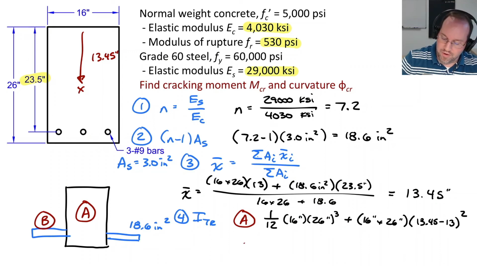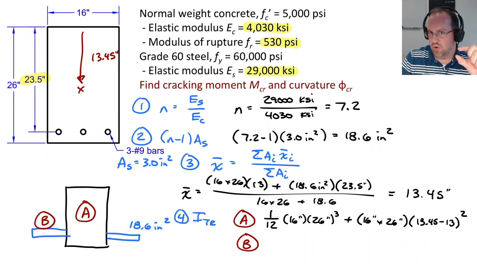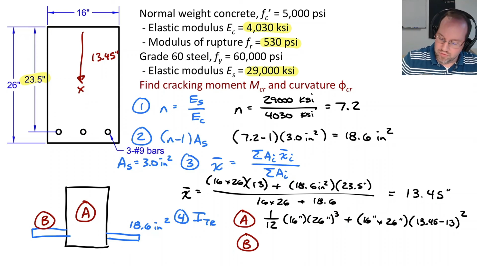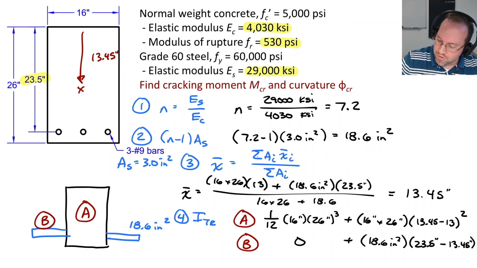Next, I have to consider my second part, B here. Generally, this looks like a rectangle as I've drawn it, but it's so thin that I'm just going to consider the h for that rectangle to be effectively 0, so I don't have that term. So we'll just have a 0 plus the area, 18.6 square inches, transferred 23.5 inches minus 13.45 inches, and I'm going to square that to get over to my centroid.